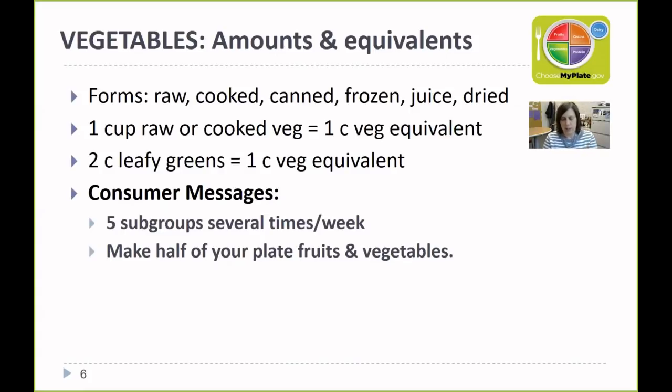When we look at leafy greens, this is a food model of lettuce in a salad, and this is 1 cup. So this would only be a half cup vegetable equivalent. We'll come back to legumes in a little bit.